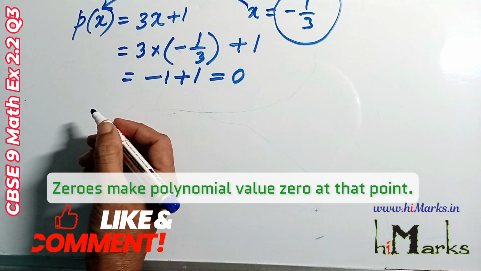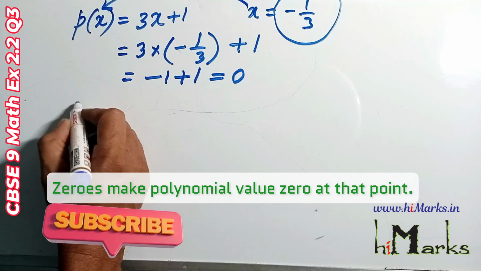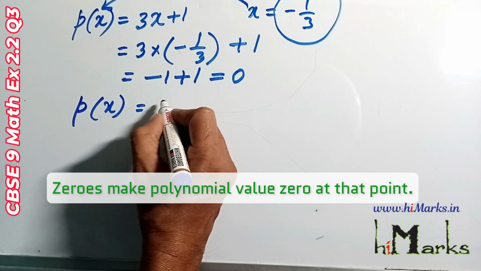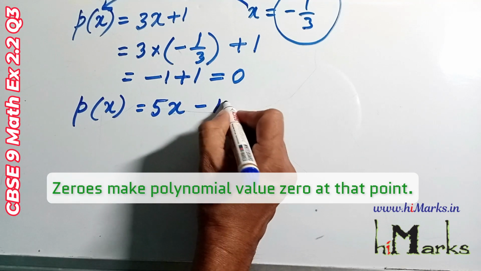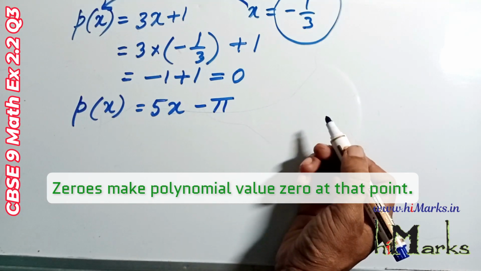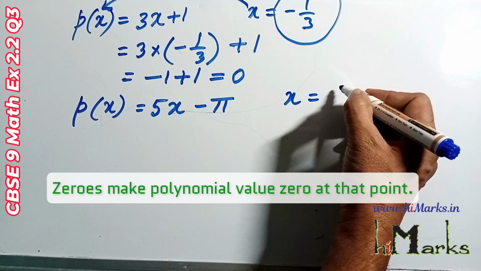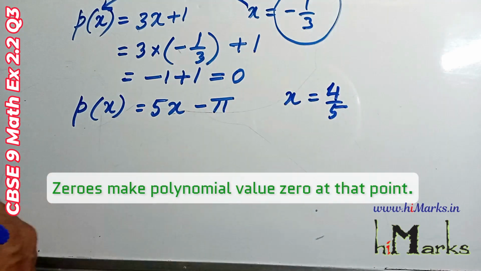We'll move to the next equation. P of x is 5x minus pi, and it's asked to test at the value x equal to 4 by 5.